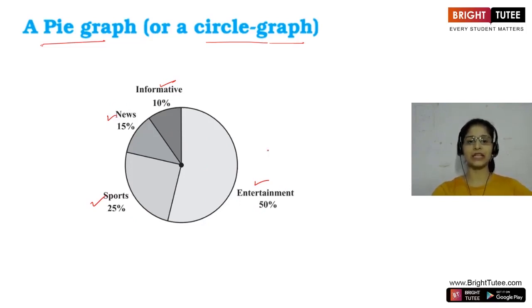That means these are the types of channel that are being watched. So 50% of the population is watching entertainment channel, 25% watches sports, 15% news and 10% informative, like Discovery and all. So this is giving us another information in terms of this circle graph.